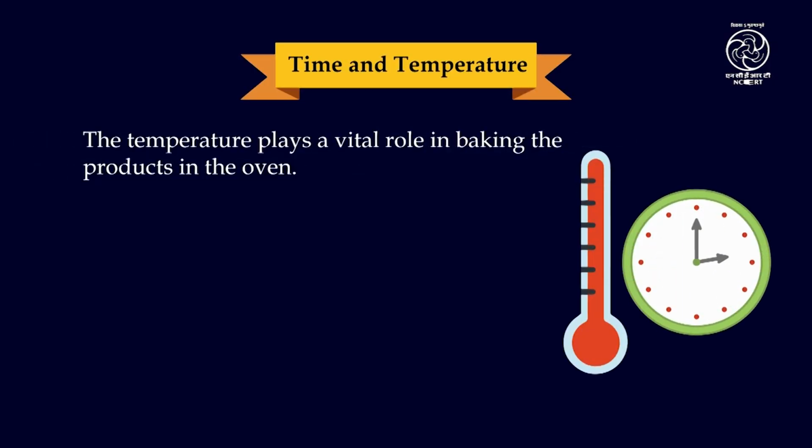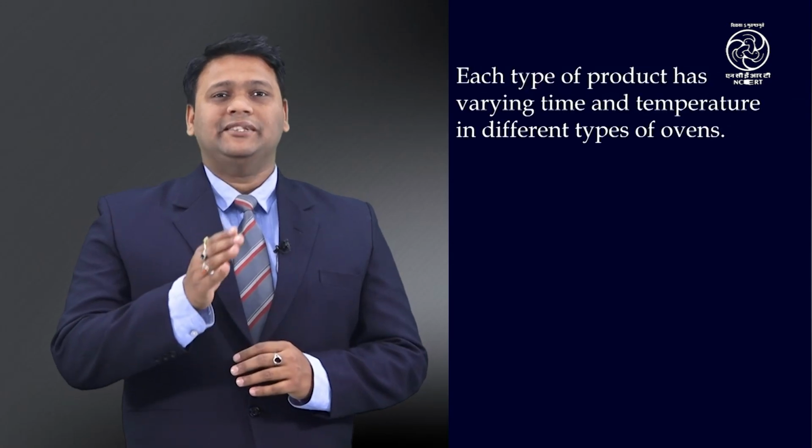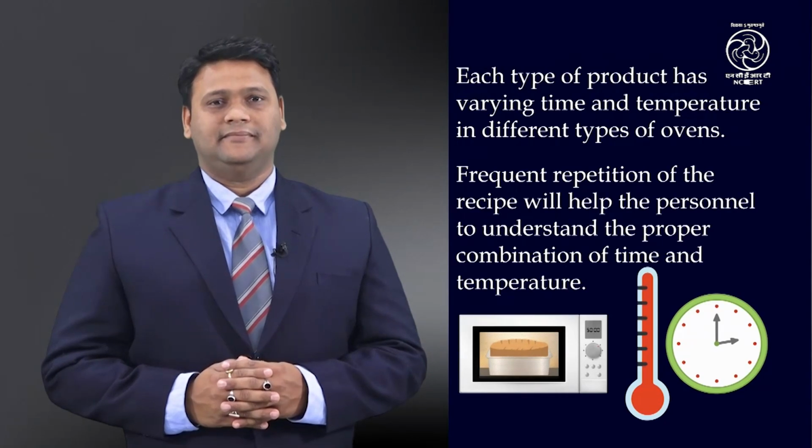The temperature plays a vital role in baking the products in the oven. Different products need different temperatures and different types of oven depending on weight and size of the product being baked. Each type of product has varying time and temperature in different types of oven.